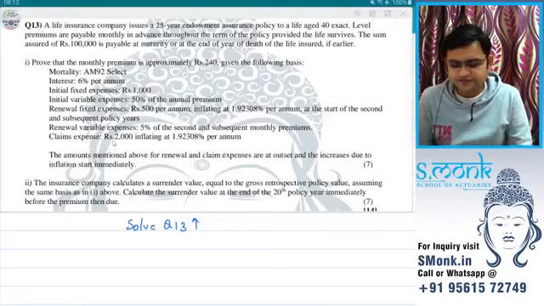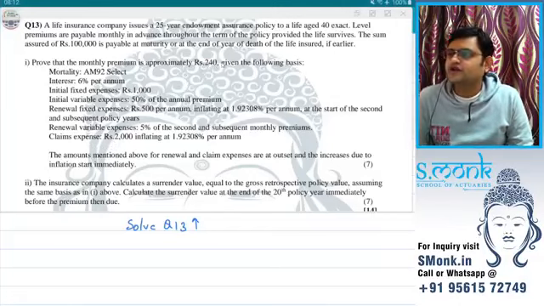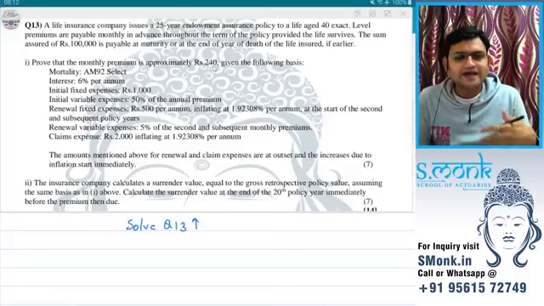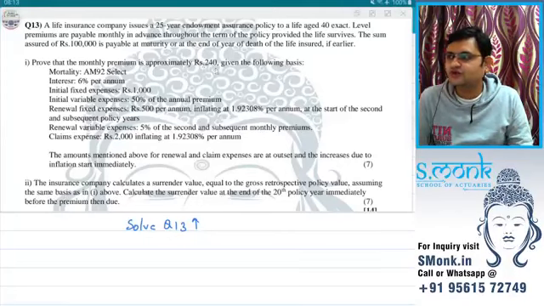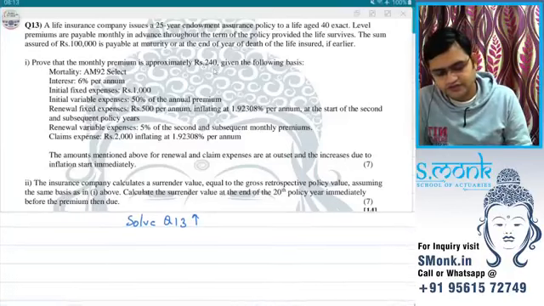Whenever they have given us a certain value, like here they say prove that the monthly premium is approximately 240, you can directly use that as a given value and just show that the expected present value of premiums is equal to the expected present value of benefits plus expenses. So we can directly use this 240.